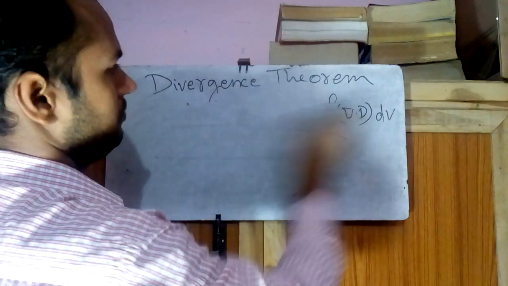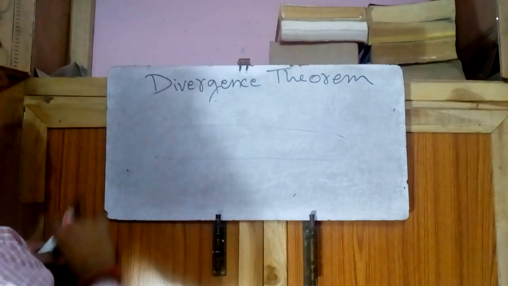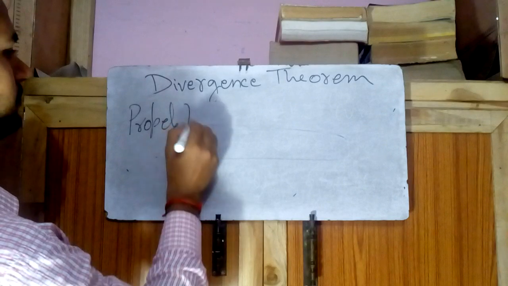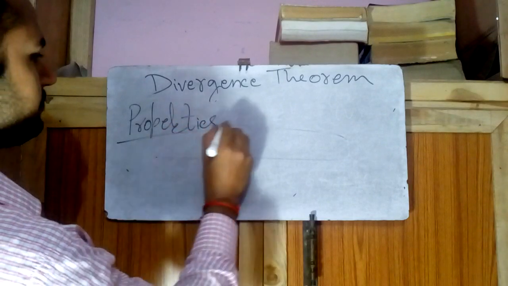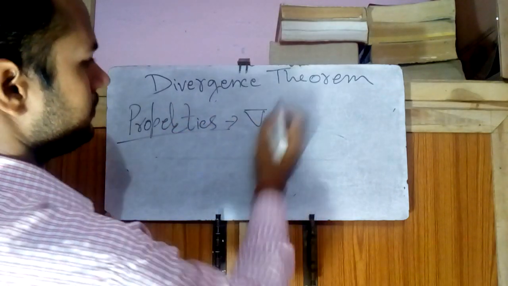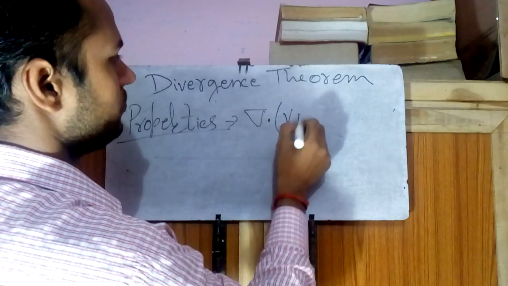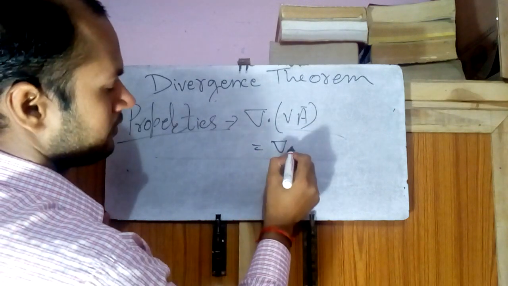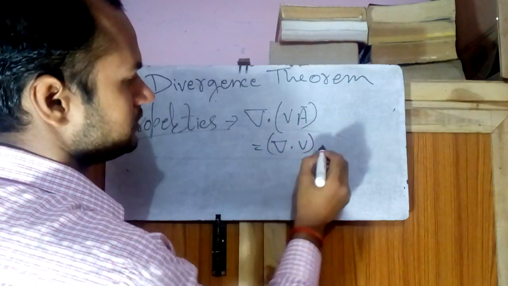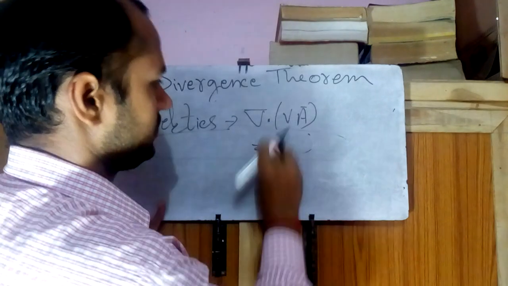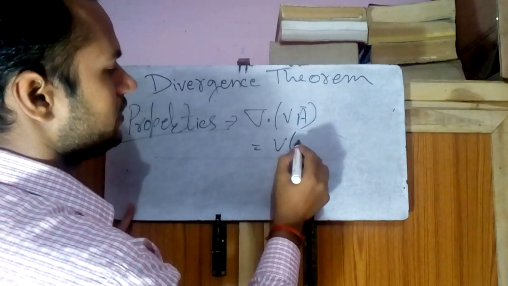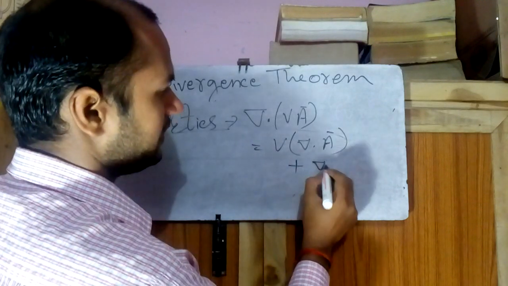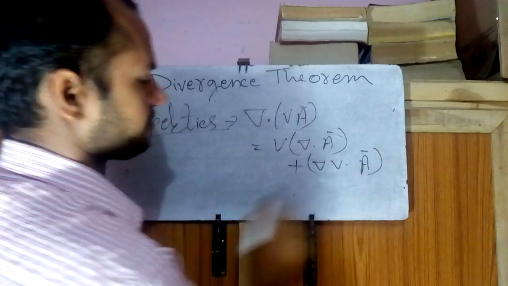Properties of divergence theorem. What is the property? If del dot (V A), V is a scalar, A is a vector, then that is V del dot A plus del V dot A, right?